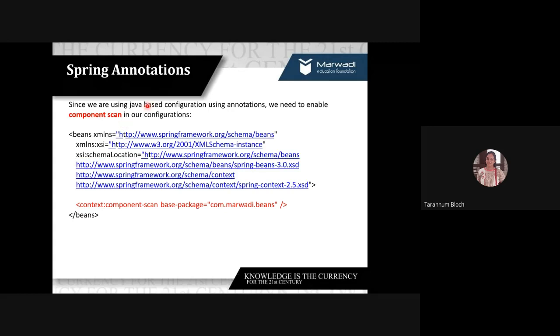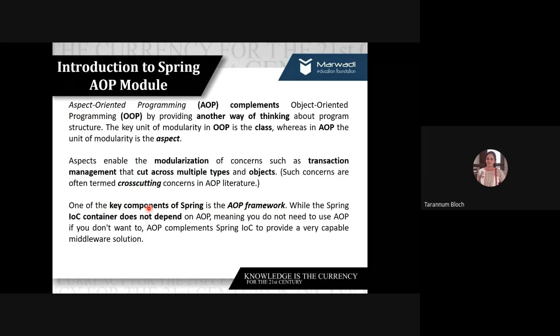And when you are using the annotations, we need to mention the base package. We have the base package which we mentioned here, and we have context:component-scan. So it will scan all the bean classes, right?